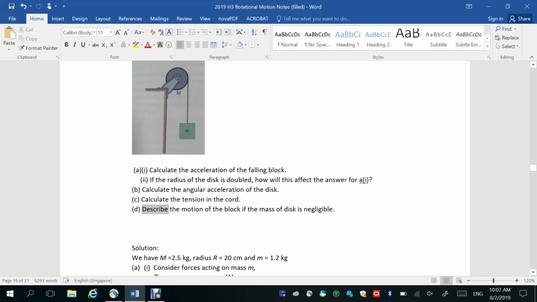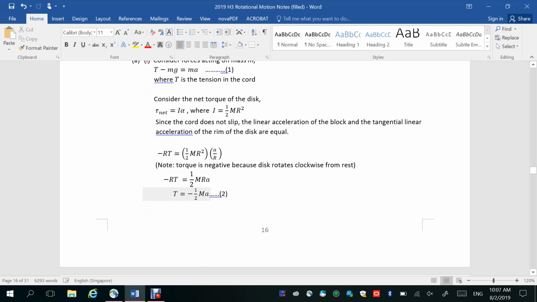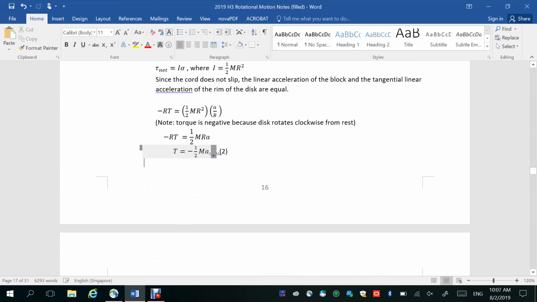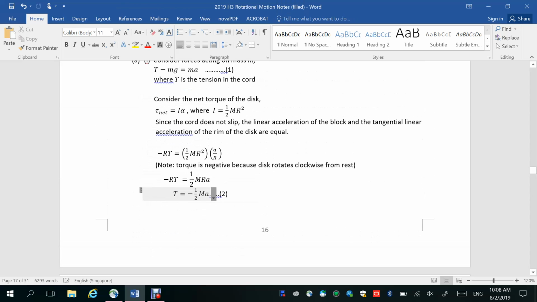When you're asked to describe motion, usually we describe the displacement S, velocity V, and acceleration A. So you can look at the equations that we have in A. The easiest equation to look at is maybe equation 2, because that is the one that has the big M. Straight away you can see the effect.